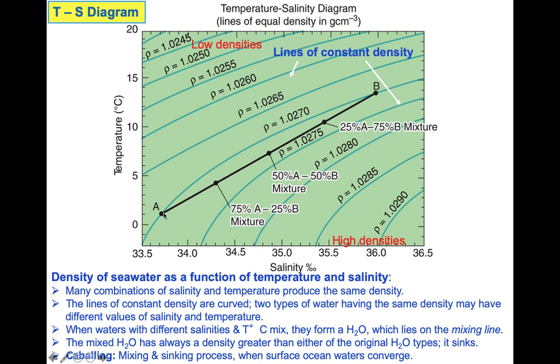Let's take, for example, water A and then water B, and you realize that water A has a temperature of about 1 degree Celsius and a salinity of about, right there, 34.7 or so. But it sits on the density curve of 1.0270 grams per cubic centimeter.